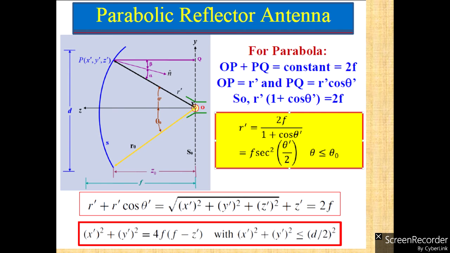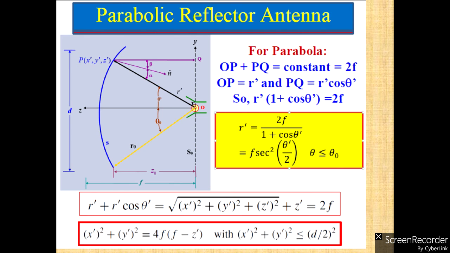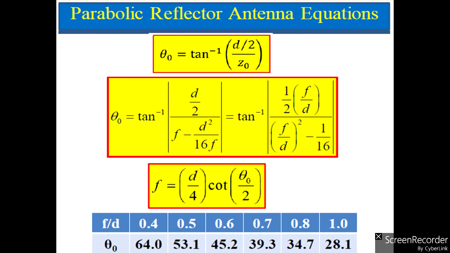So this is the geometrical construction which we just made, so that we can calculate the value of the F by D ratio. So from this, by taking some mathematical trigonometric form, we get the F by D ratio here. So F equals D by 4 times cot of theta naught by 2, right?